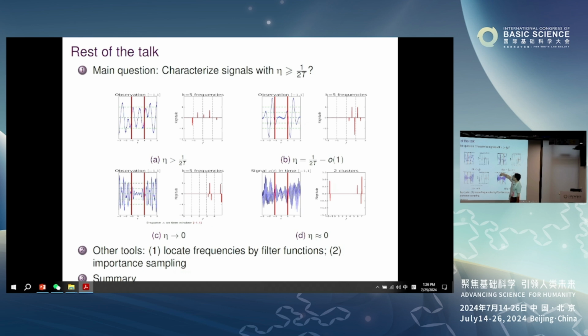You have seen that when the frequency gap is not 1/2T, signals may behave arbitrarily. And then if I have time, I will discuss some tools in the algorithm design, like filter functions and importance sampling. So this is a rough roadmap. Let me know if you have any question.